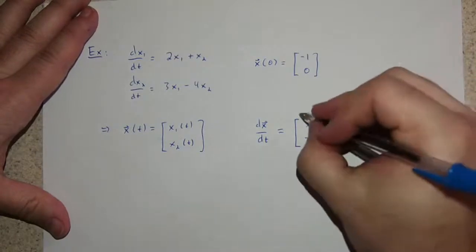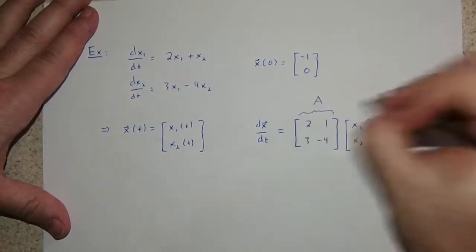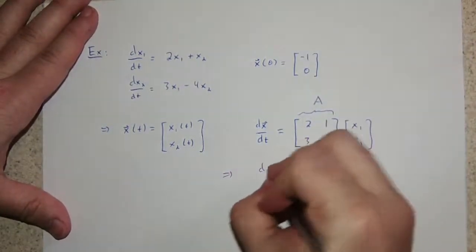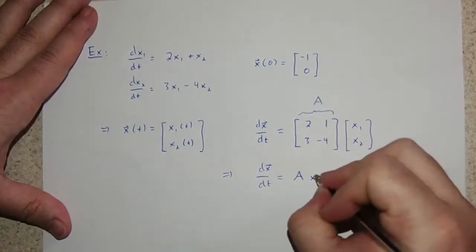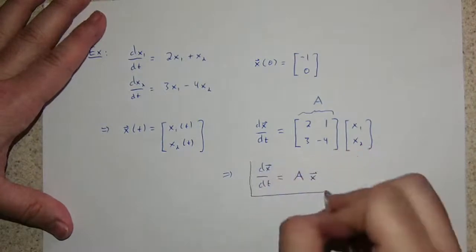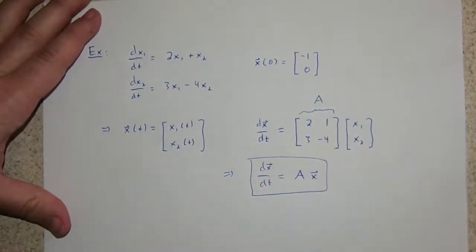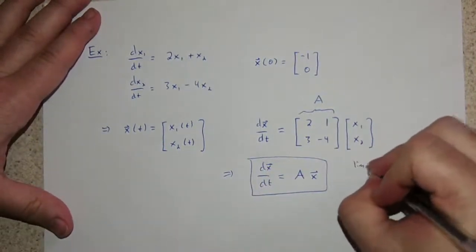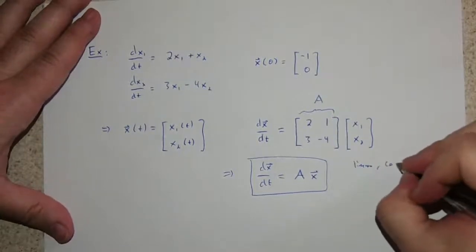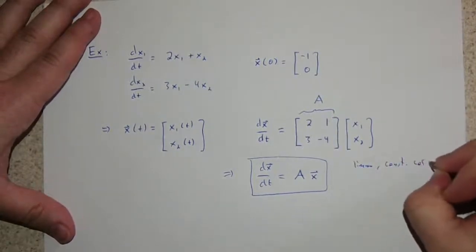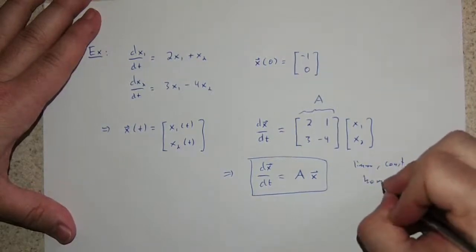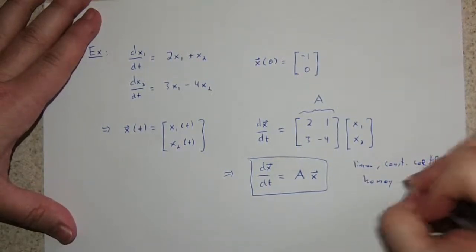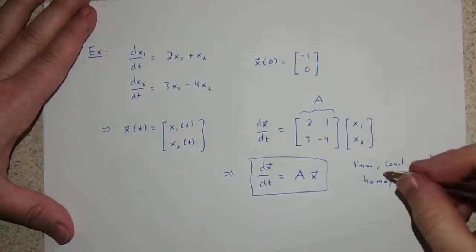Rewriting this, if I call this A, then this is the equation dx dt is Ax. This is an example of a linear constant coefficient homogeneous equation, or first order system.